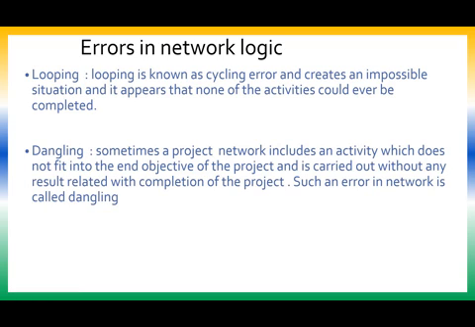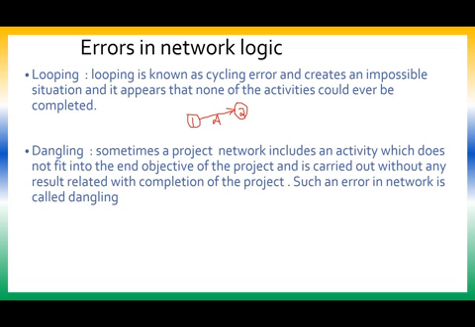Let me give you a simple situation. Let me draw it so that you will understand it. So let me say this is one event 1. So this is giving rise to an activity called A. Okay, this terminates at an event 2.